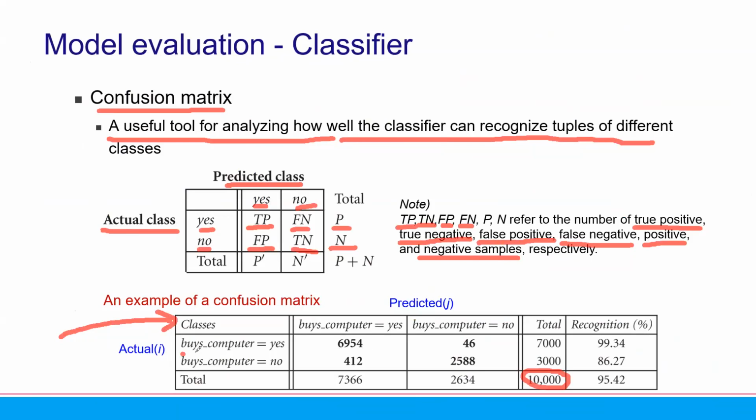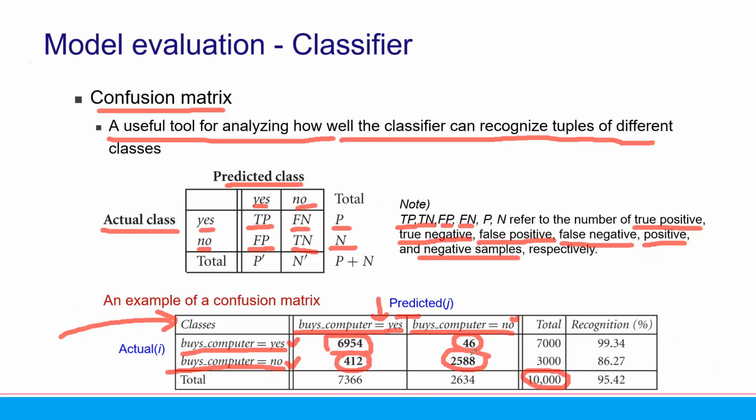The actual is yes, and the predicted is yes, and the number is 9,000 something. The actual is yes but the predicted is no, we got 46. The actual is no but the predicted result is yes. If it is no and no, we have this.